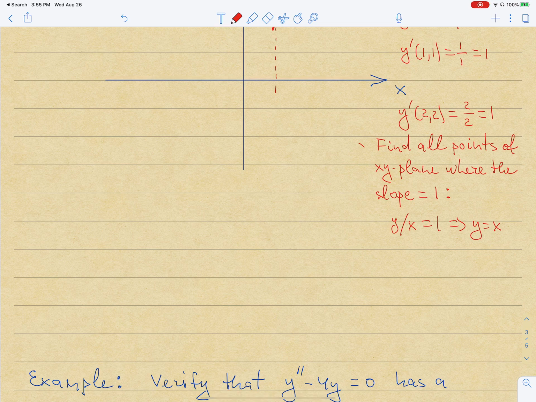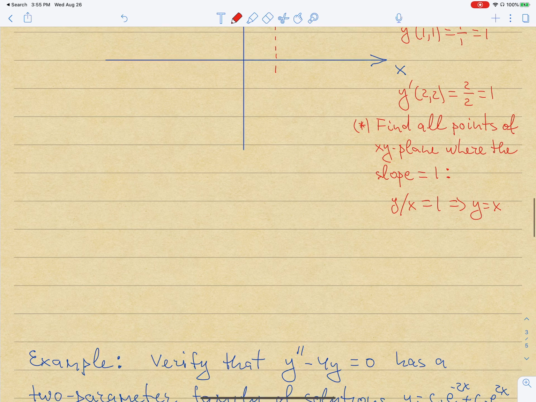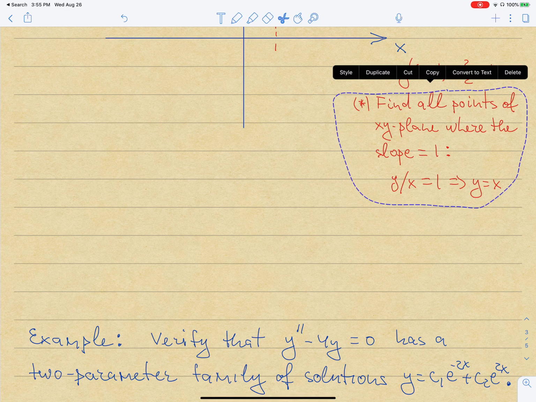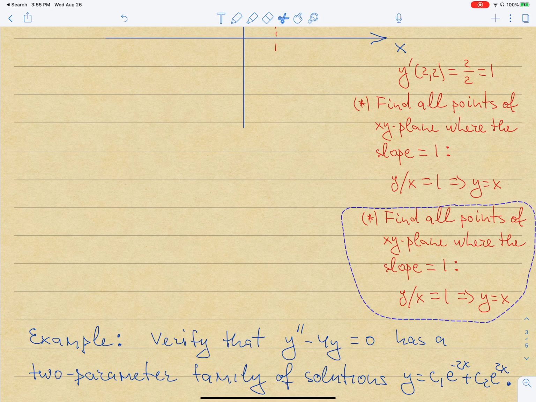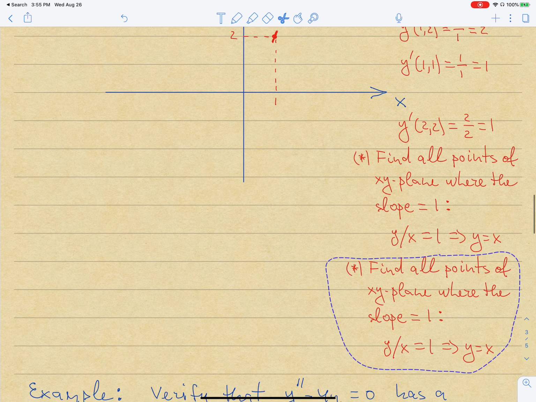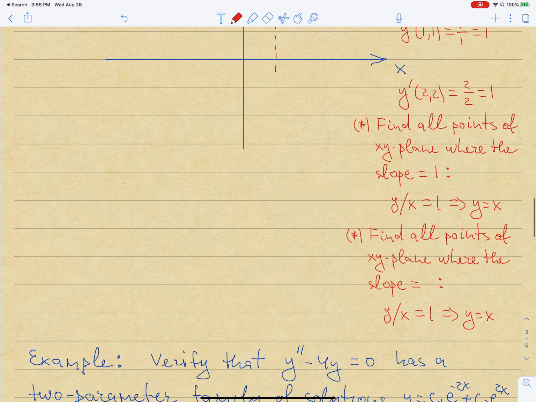Okay, can I find all points where the slope is equal to 2? Let's see. Well, so then it's the same problem, right? So all points where the slope is equal to 2. What should happen?